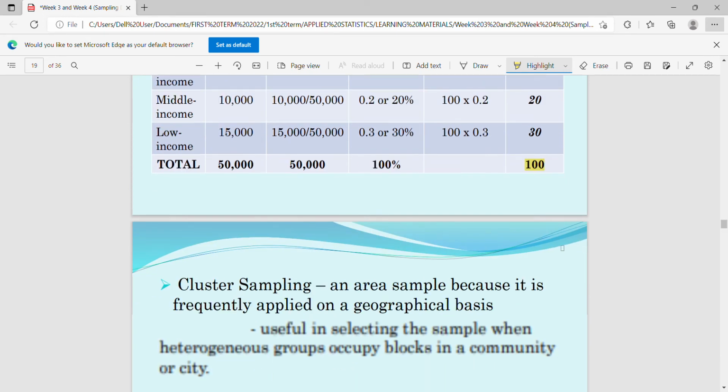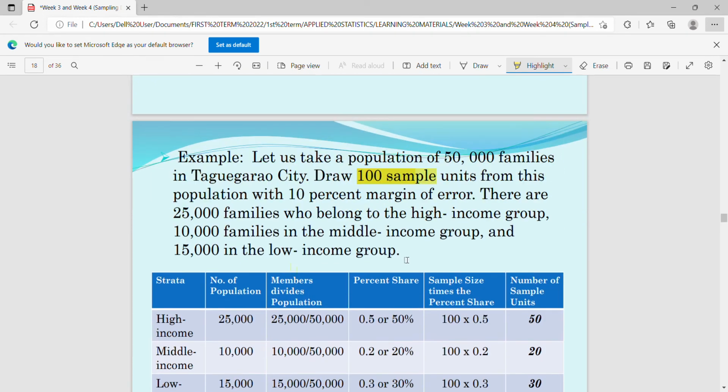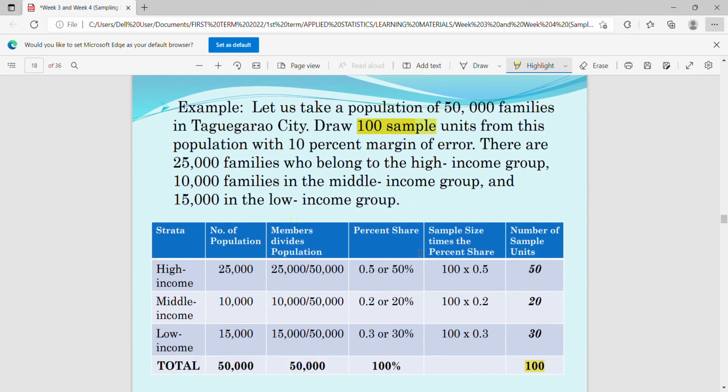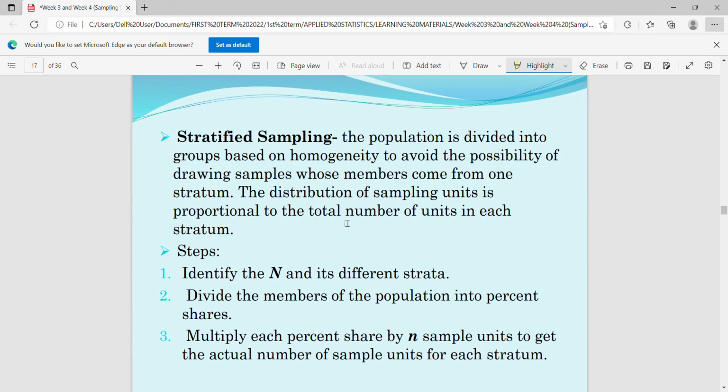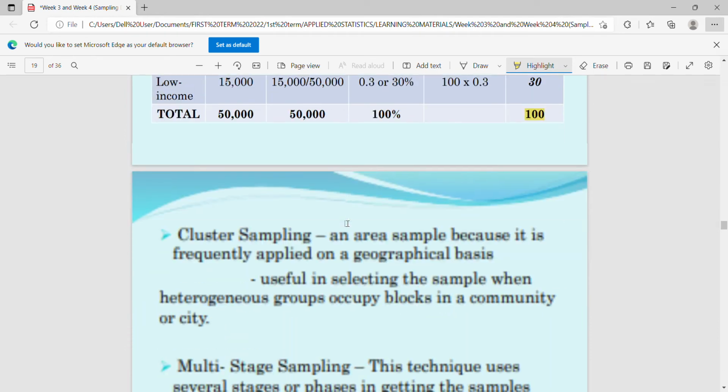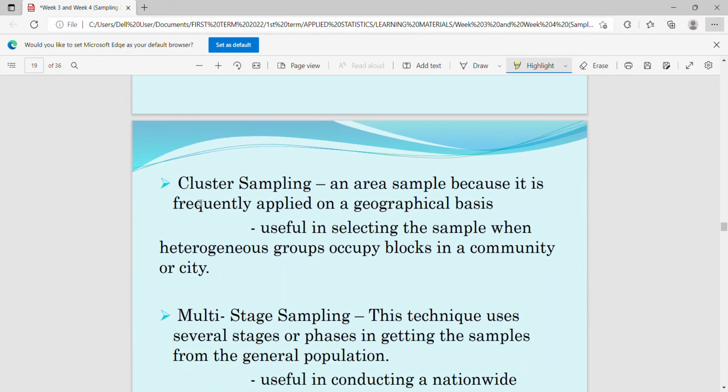So this is how to compute or to find the number of sample units each strata when you are using the stratified sampling method. So next we have here the cluster sampling. So cluster sampling is an area sample because it is frequently applied on a geographical basis.